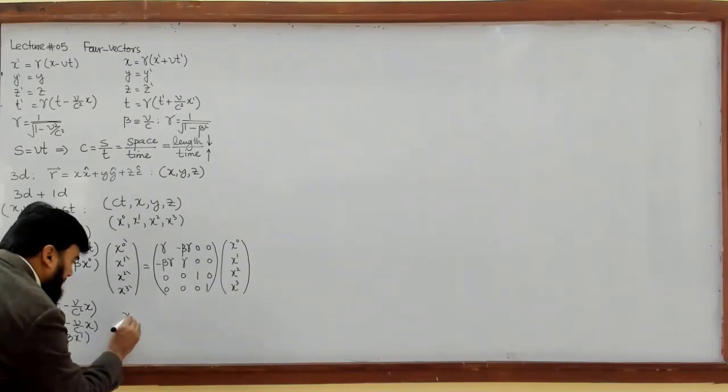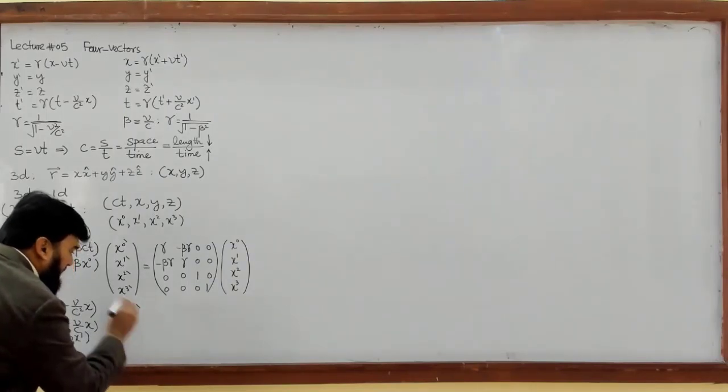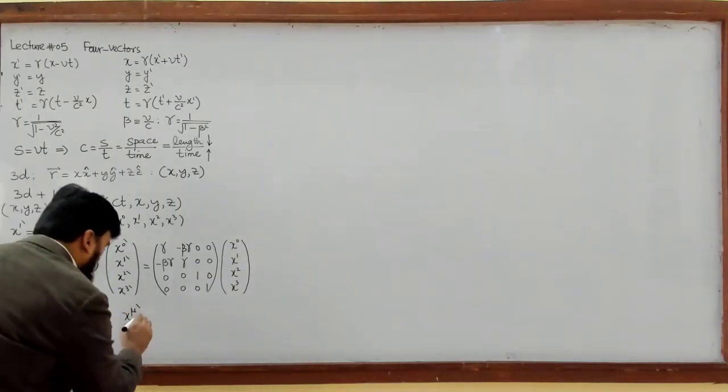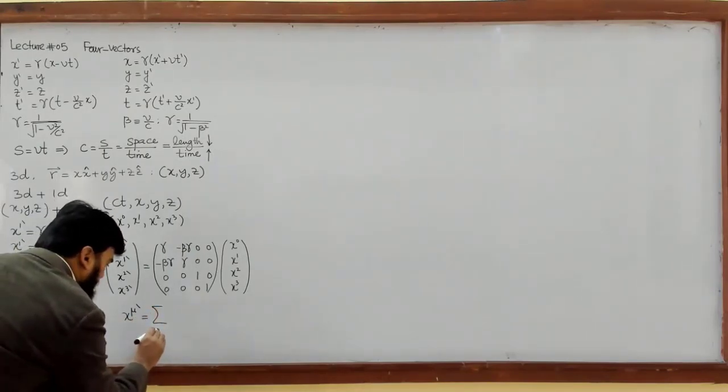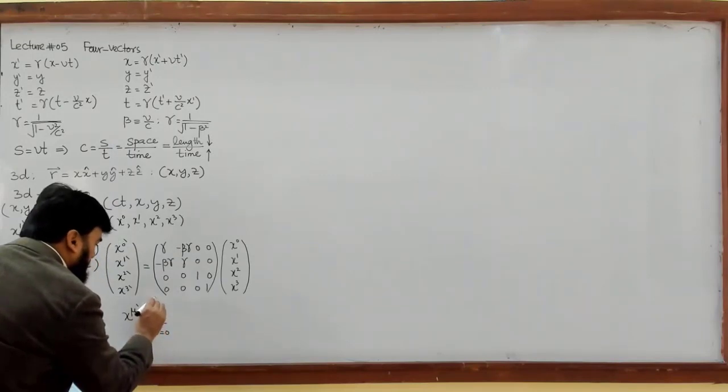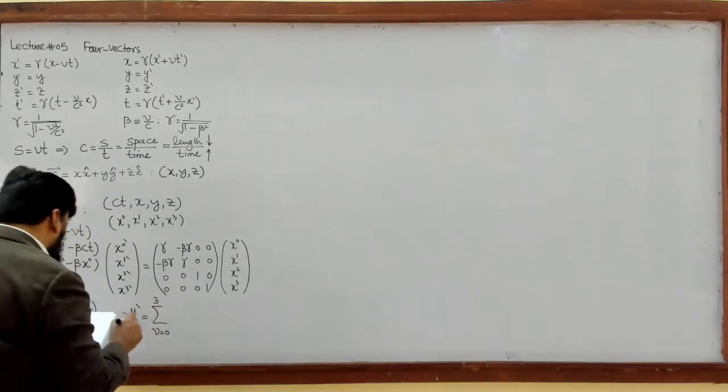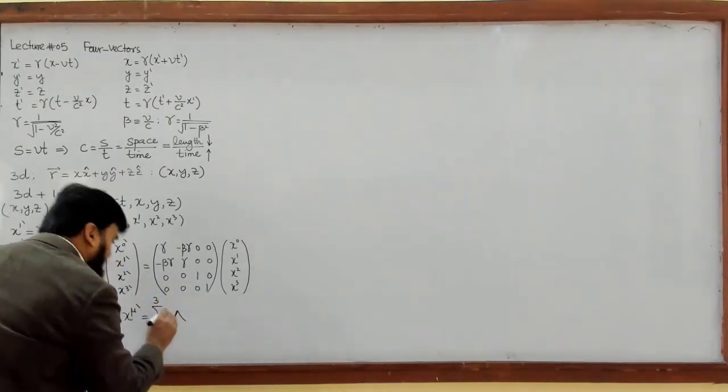This is x mu prime is equal to summation on nu equals 0 to 3. It is running from 0 to 3, and lambda.